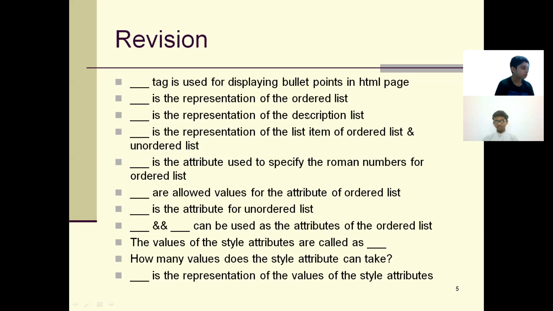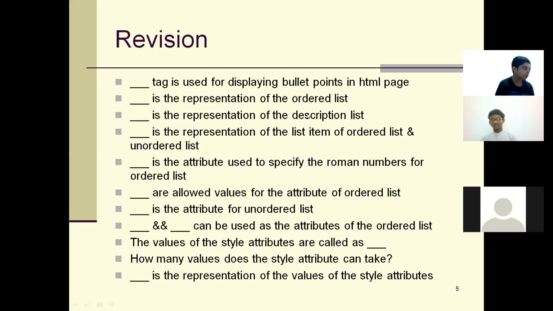So the third one, I'll pass it to Ilabharti. Dash is the representation of the description list. Smaller than symbol, DL, greater than symbol. Perfect. Very good. And the next one goes to Pradyumna.